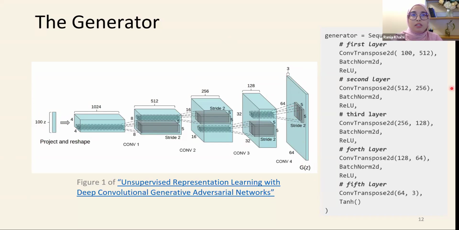Just like in the previous case, we have 5 layers, and for each layer there is the conv transposed layer, batch normalization and then activation. And at the end we find the tanh, or hyperbolic tangent, which is the activation function that we are employing at the last level.